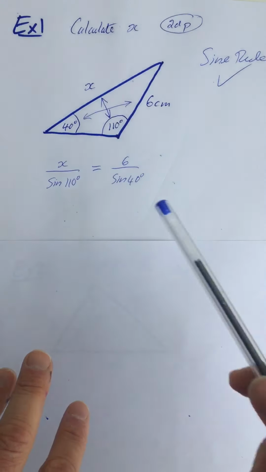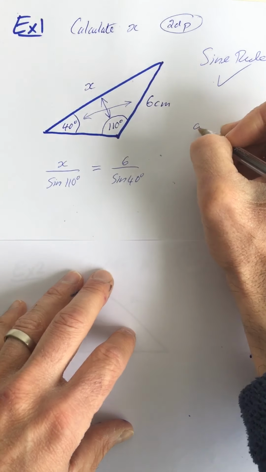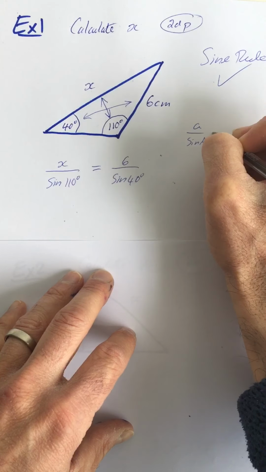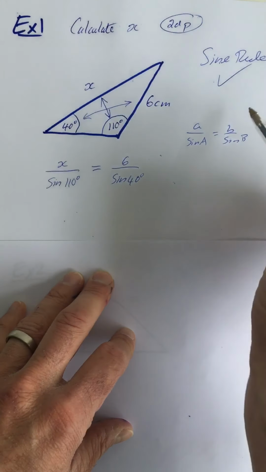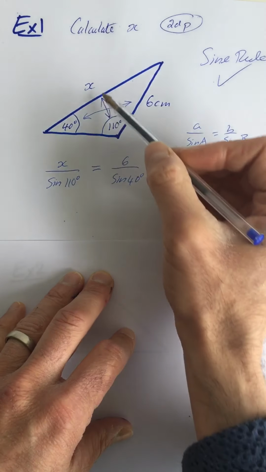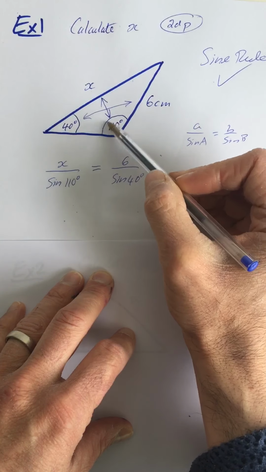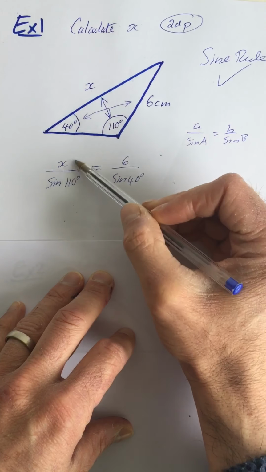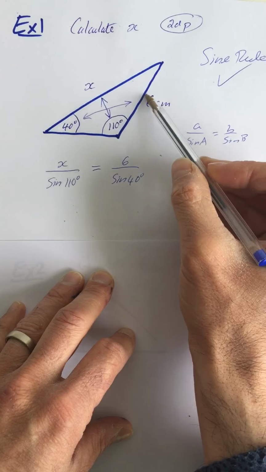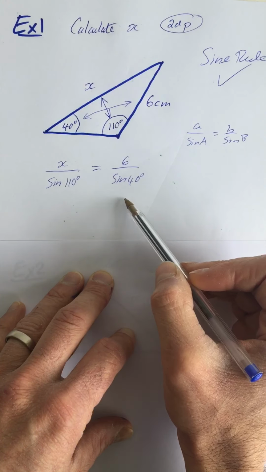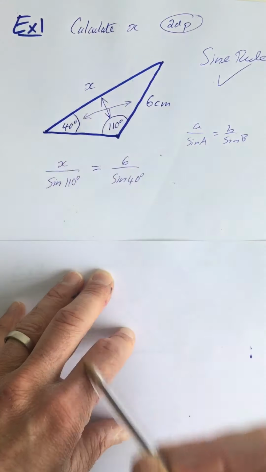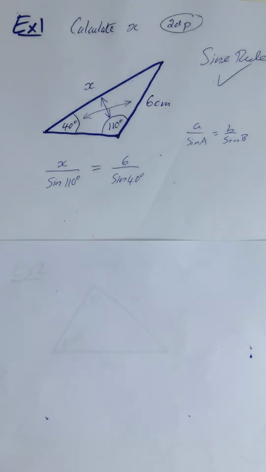So again, this is a bit like saying a over sine A equals b over sine B. But I don't even use A's and B's. It's just that I've got a side divided by the sine of its angle across from it is equal to another, different side, divided by the sine of its angle. And once I can write this out where they're paired together, then the rest is fairly easy.